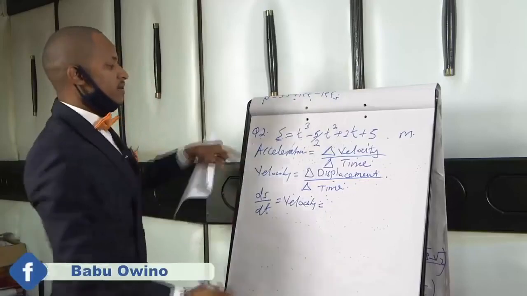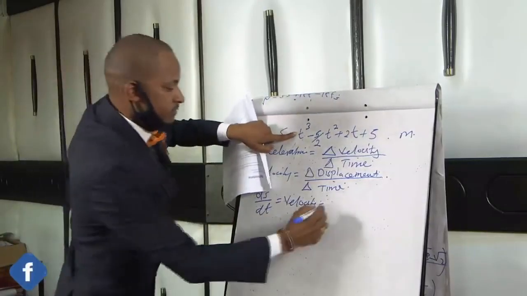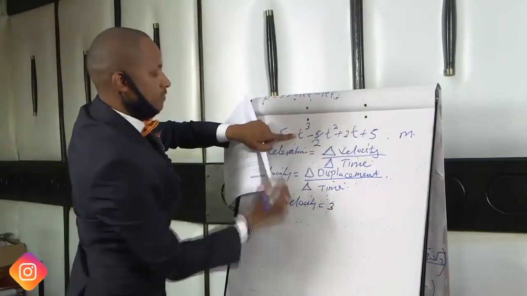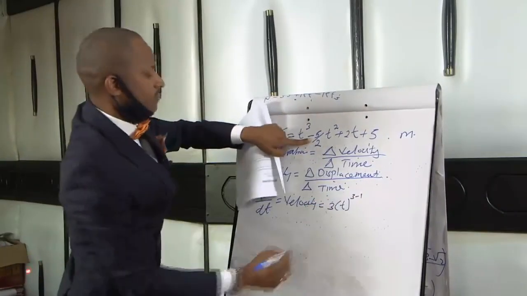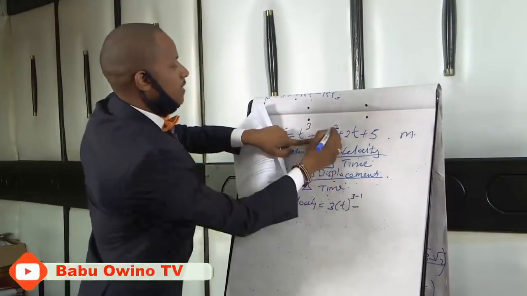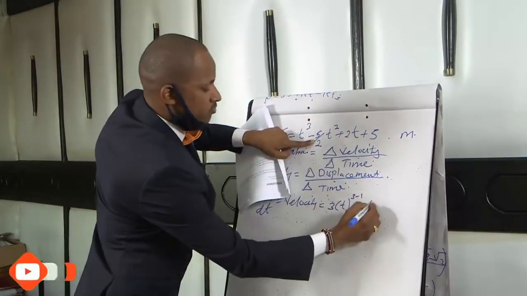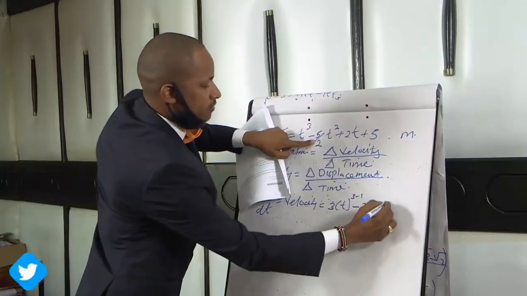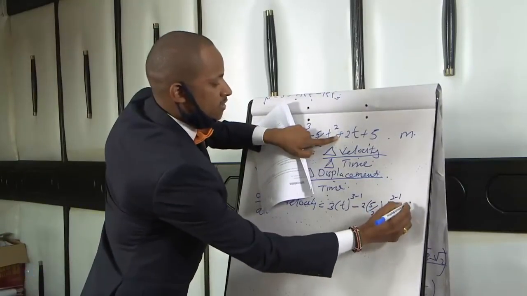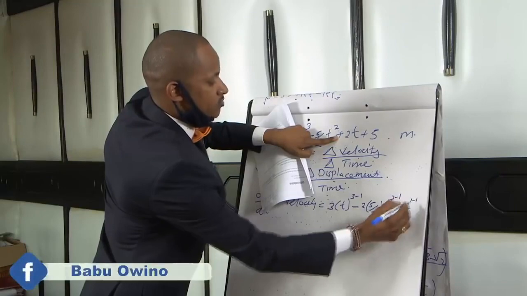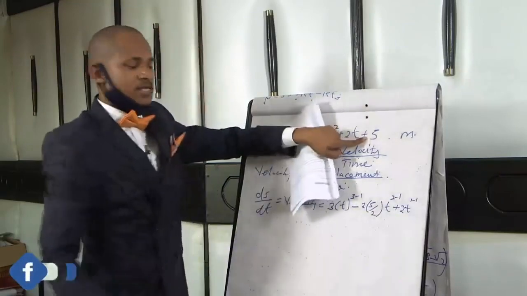So the velocity becomes: when you differentiate t cubed, you bring 3 down, into t to the power 3 minus 1; minus, bring 2 down, that is 2 into 5 over 2, t to the power 2 minus 1; plus 2t to the power 1 minus 1. When you differentiate any constant, you get 0.